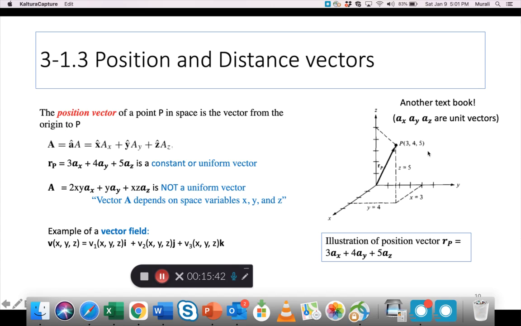But what you'll notice here is these three scalar quantities, ax, ay, az, is actually a point in space, and it's written in this way. So you see point and the three coordinates 3, 4, 5 on the x, y, z axis, which are these quantities. Now, this figure is from another textbook.